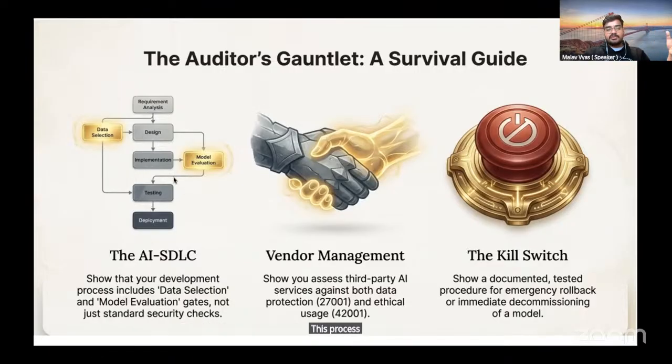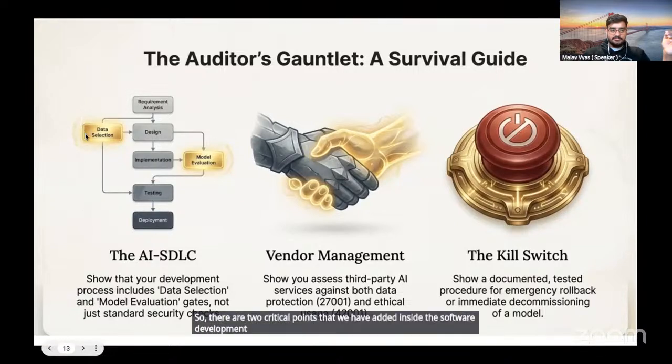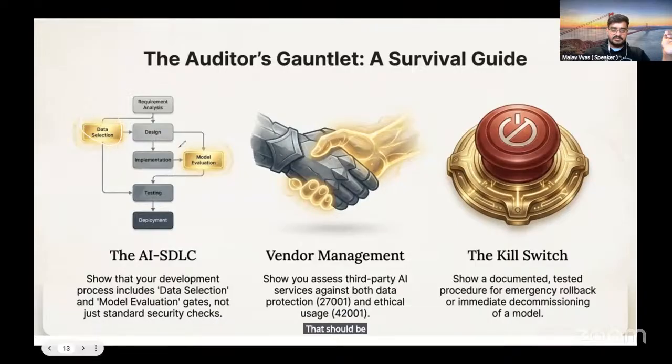This process alone takes a lot of time for any specific model, from a year to 2 years, right? There are two critical points that we have added inside the software development lifecycle that you should always make sure are present.